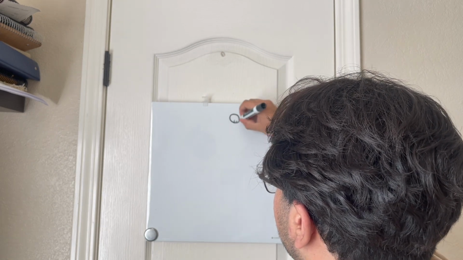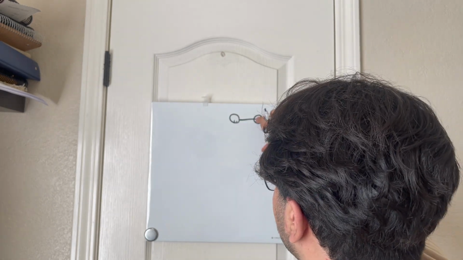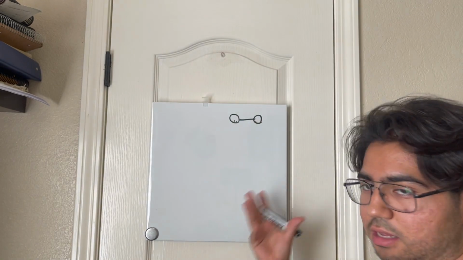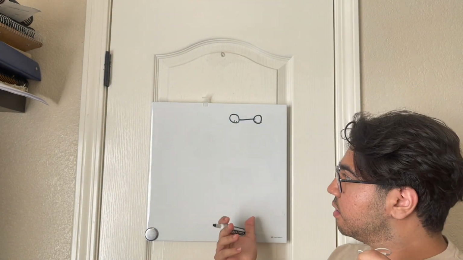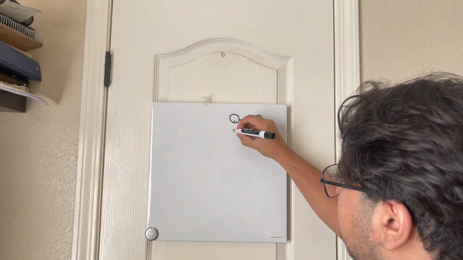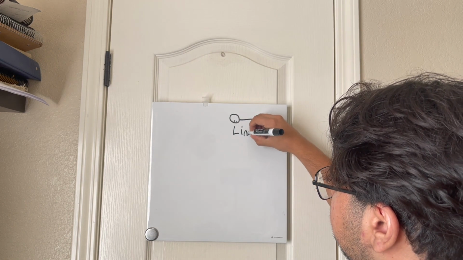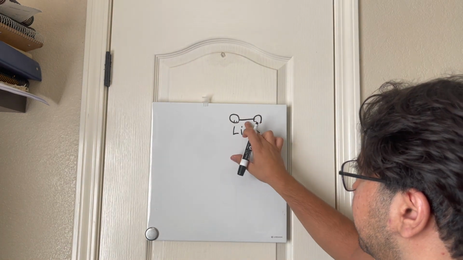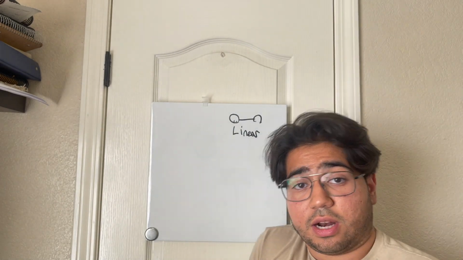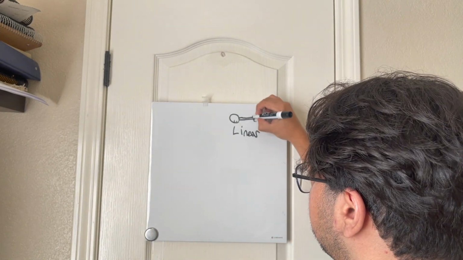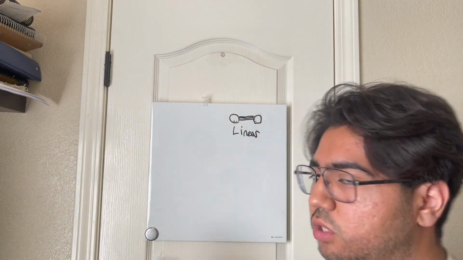If we have something like this, then its electronic geometry would be linear. It's just a single bond. We could have a double bond as well, or even a triple bond, but its geometry is going to be linear.